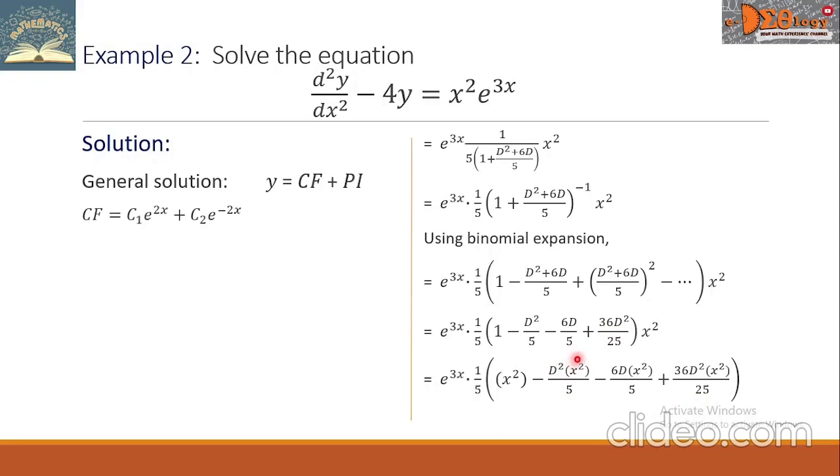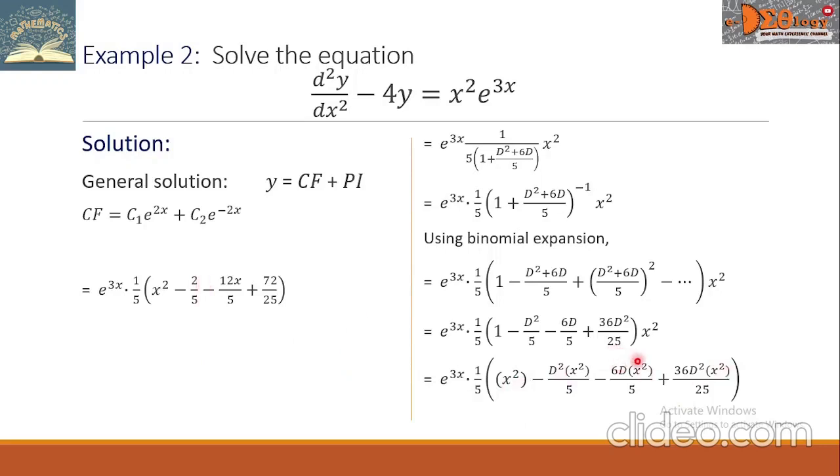This D of x squared means we will take the derivative of x squared. The D squared of x squared, again we say that this is the second derivative of x squared. So the value will be like this. The second derivative of x squared will be 2.